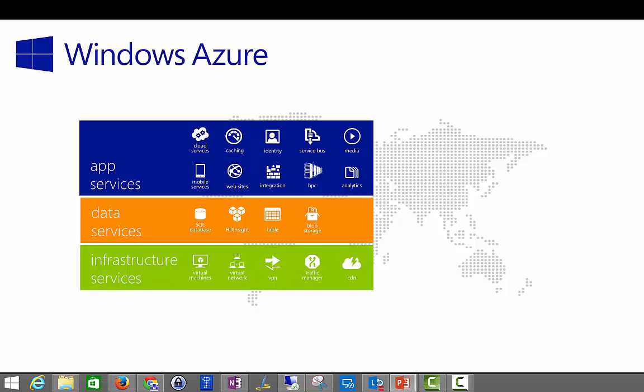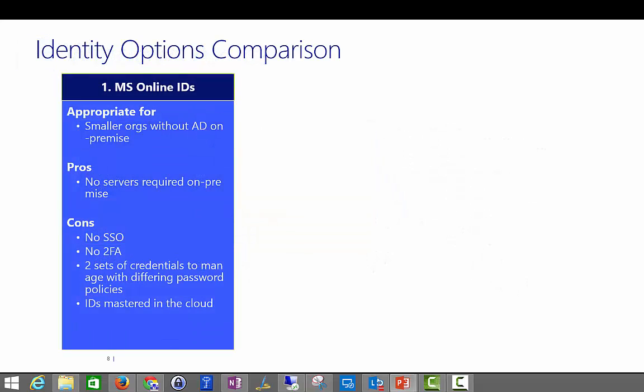Okay. Now, how does Microsoft use identity? There are three identity types. First, MS Online IDs. These are the Microsoft Live accounts, Hotmail.com, Live.com, all that sort of stuff. They're free, typically for small users. There is no service required on-prem; Microsoft does all that for you with their own service.